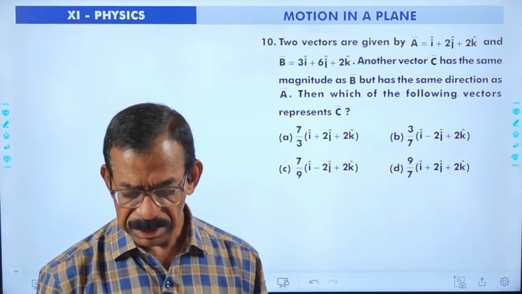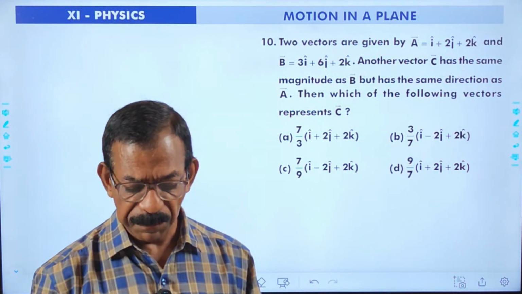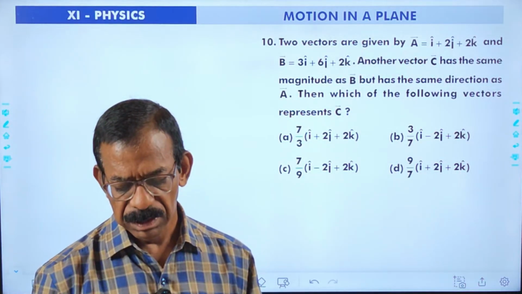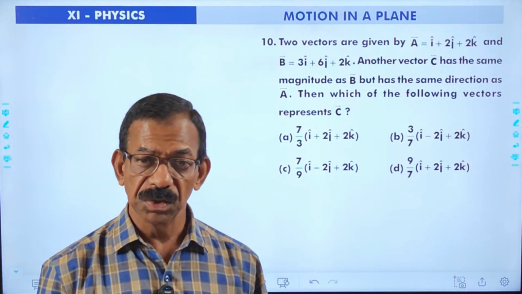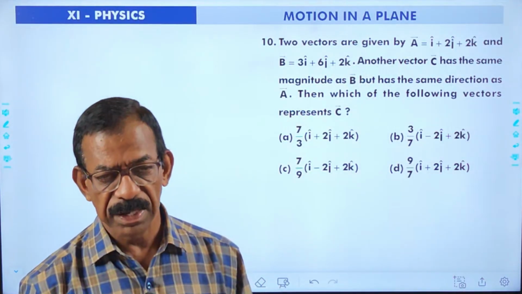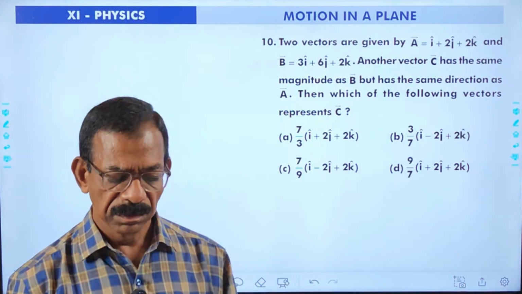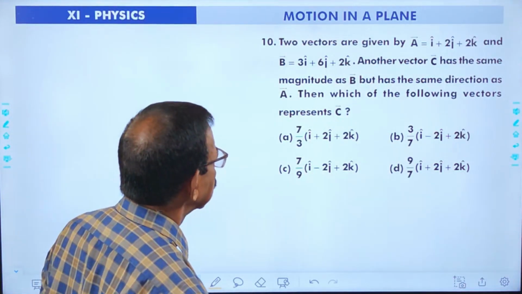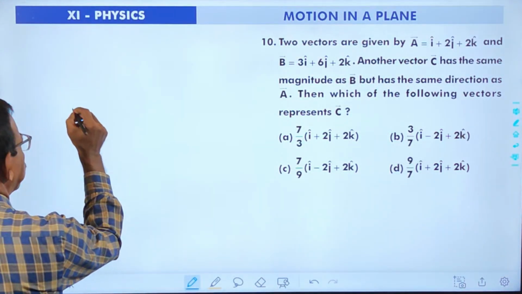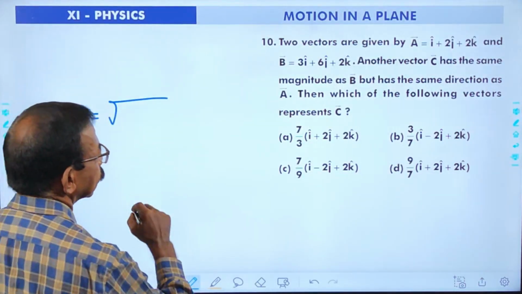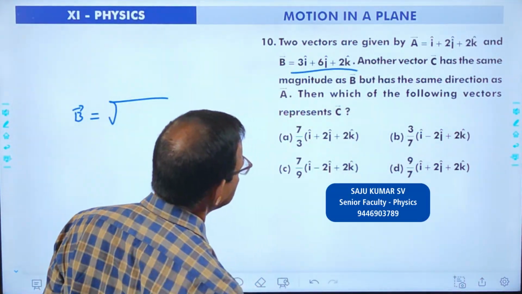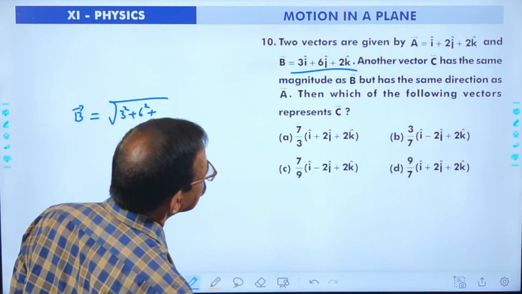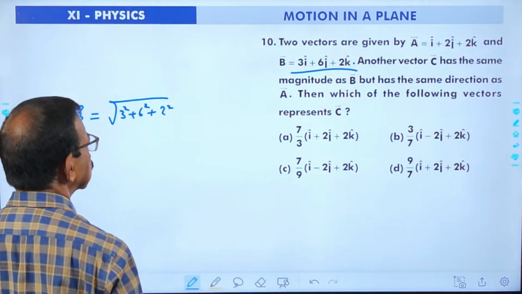Then we have another vector C with the same magnitude as B but the same direction as that of A. We may calculate the same magnitude of B. Magnitude of B is root of 3 square plus 6 square plus 2 square. That is the magnitude of B.